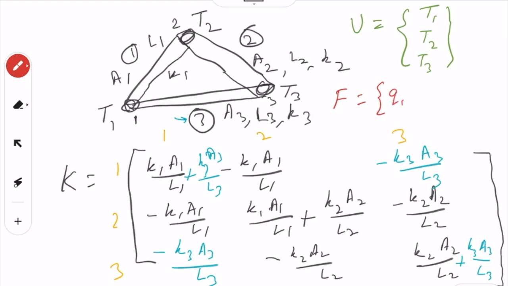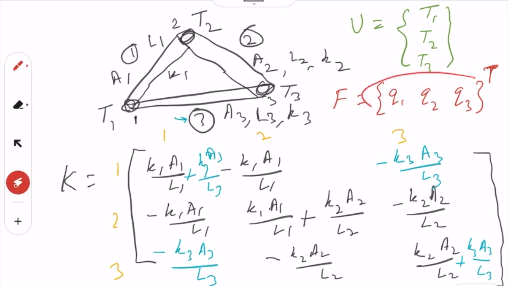I am writing it as a transpose because what we have is a row vector, but actually it should be a column vector like this one. The rest is giving the boundary condition. If you know the boundary condition, you give it accordingly. If T1 is equal to 0, you will write 0 here.